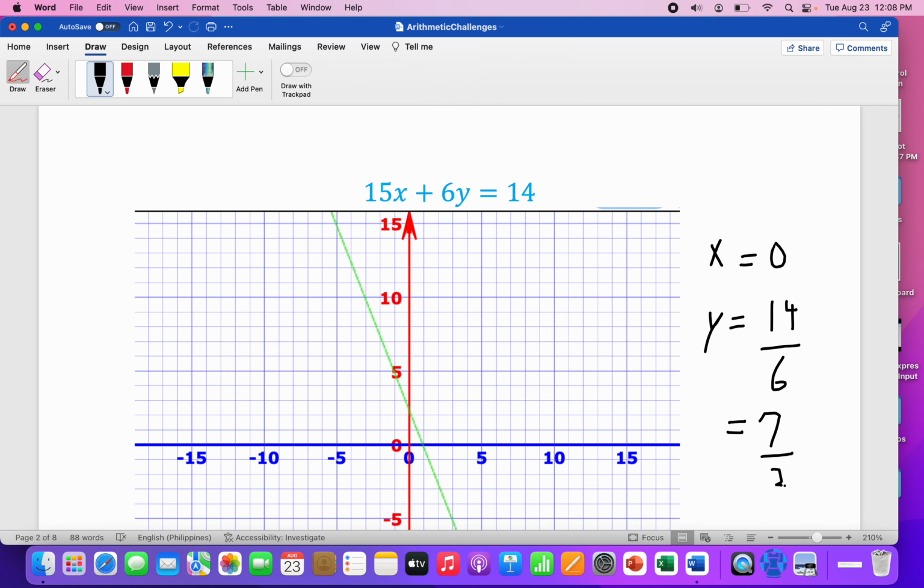I'm just trying to convince you this is the line. That point right there would correspond to (0, 7/3).